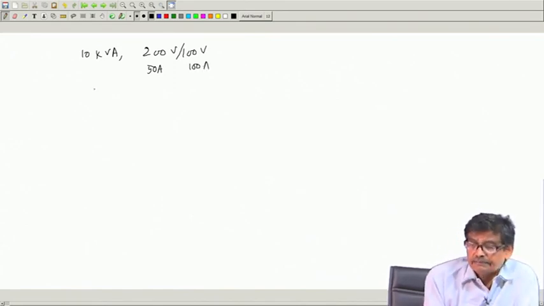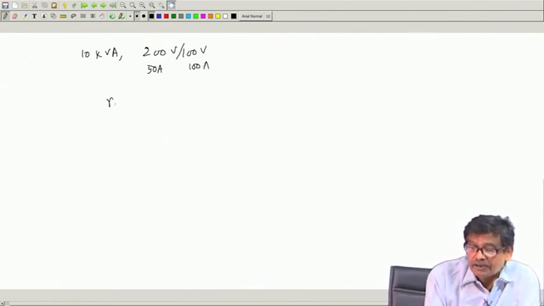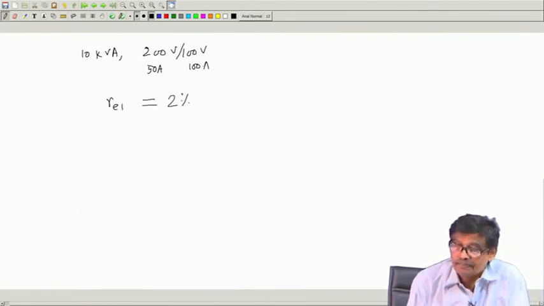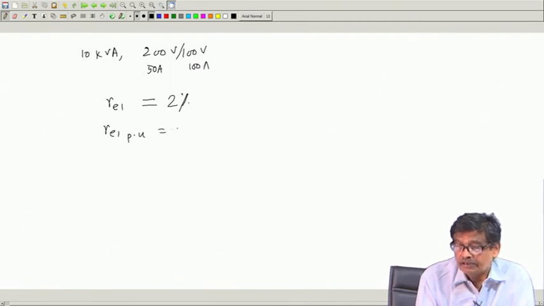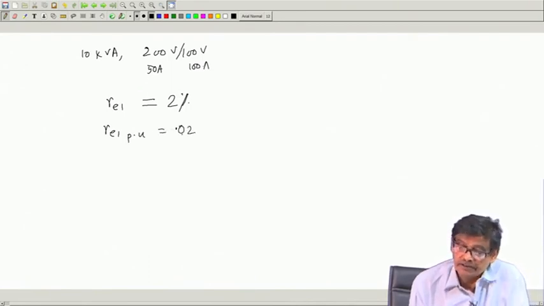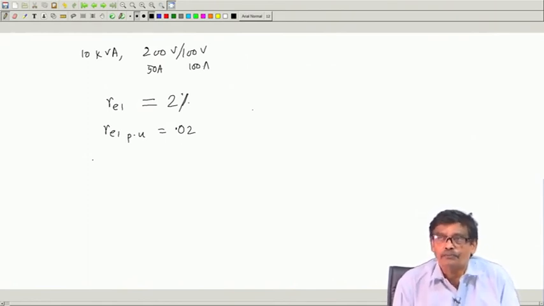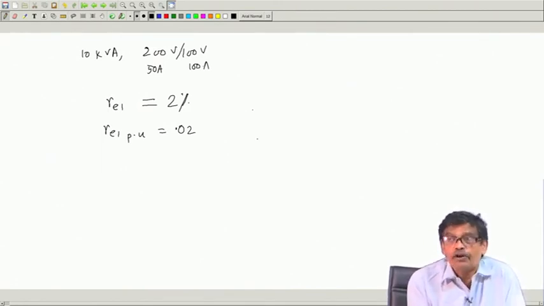If, instead of giving you the value of Re1, I say Re1 is equal to 2%, what does that mean? It means per unit resistance in percentage. So, Re1 per unit is 0.02. That is, Re1 is not explicitly given in ohm but in per unit values.